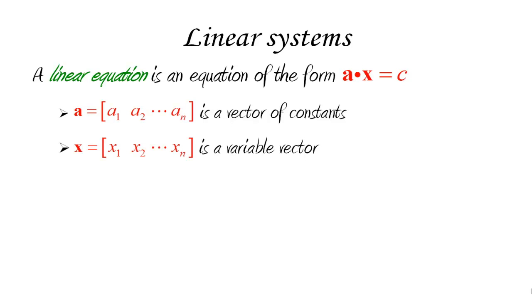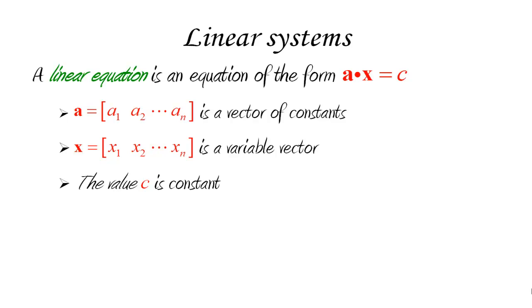So it has the same number of components, otherwise we can't do the dot product, but the components are actually going to be variables. So you can think of it as a variable vector, which is how most of the time I'm going to refer to it, or as a vector of variables, if you think of each of x1, x2, and xn as a single separate variable. And then, of course, the number c is going to be a constant.